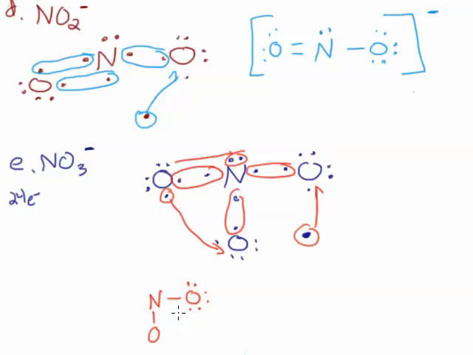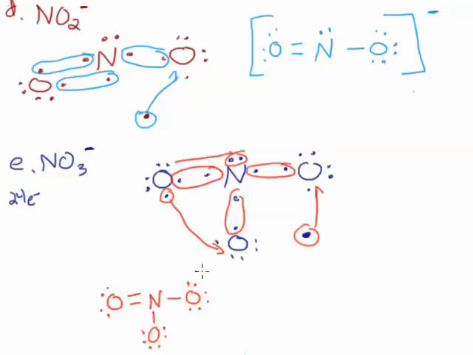Now this oxygen has a double bond because of that unshared pair being shared. And only 2 unshared pairs, but still 2, 4, 6, 8. Our nitrogen, 2, 4, 6, 8. Everybody's happy. If we show that to show that we have a -1 charge, this is what that compound looks like.